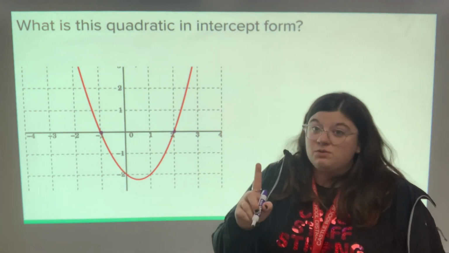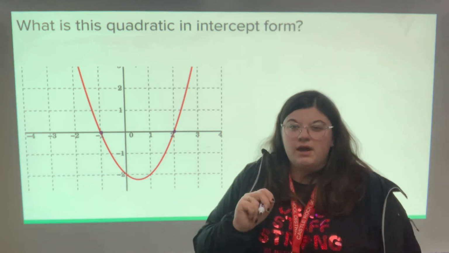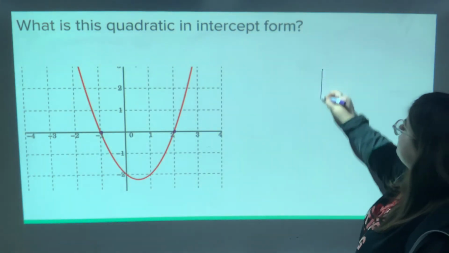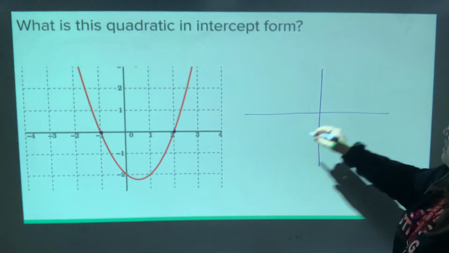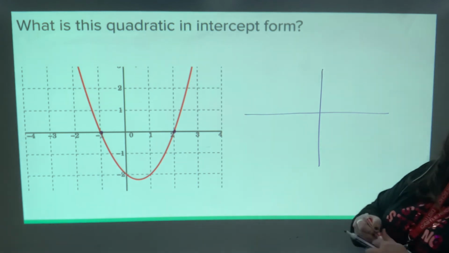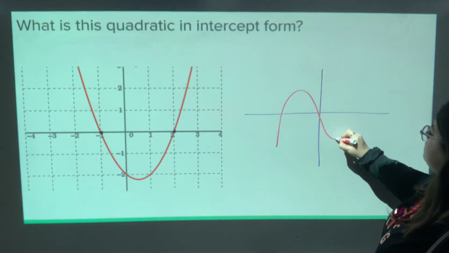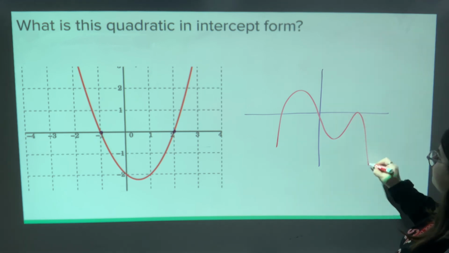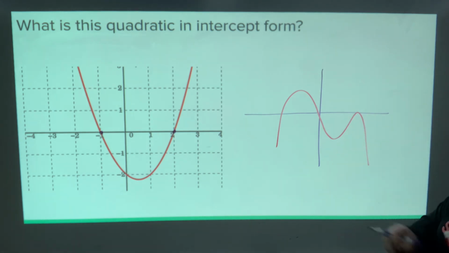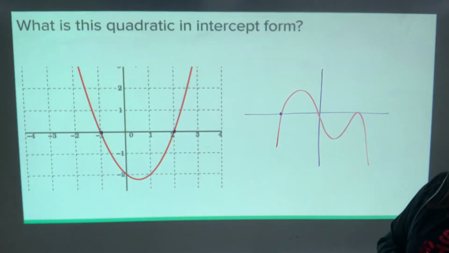There's another special word if your x-intercept just touches the x-axis. So for example, if you had a function that looked like this, we have a crossing x-intercept there.